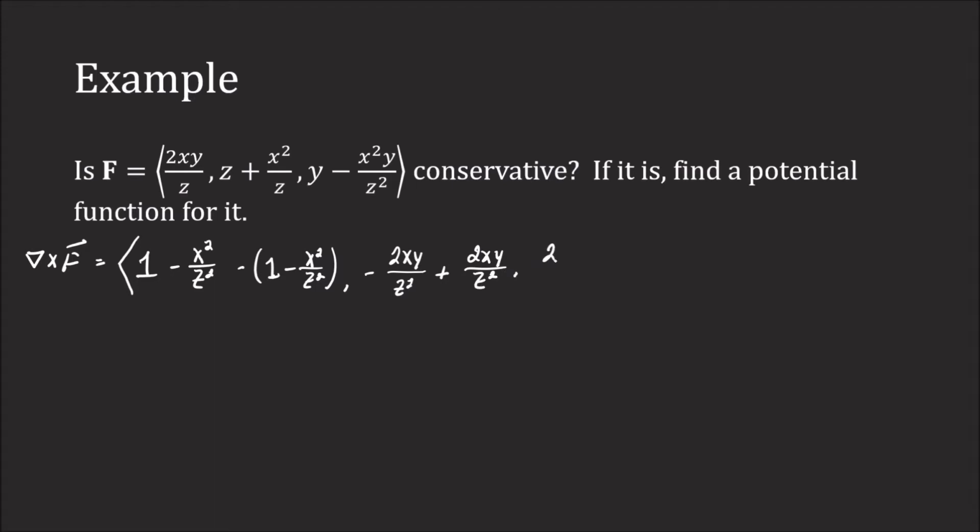And we will have 2x over z minus 2x over z. And this is indeed 0, 0, 0. So F is conservative.